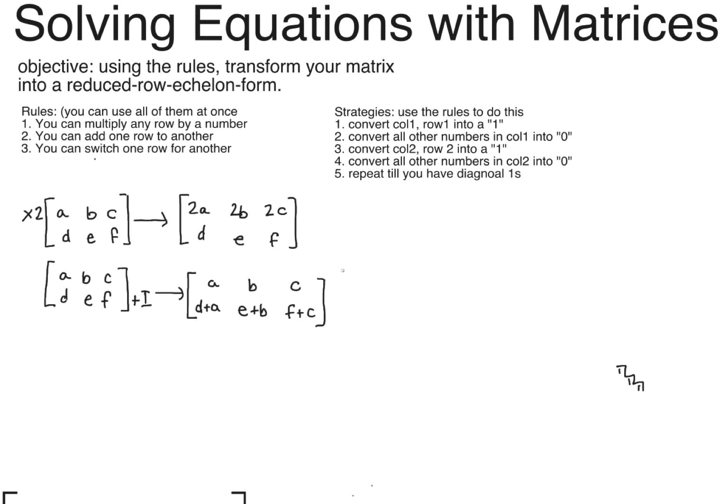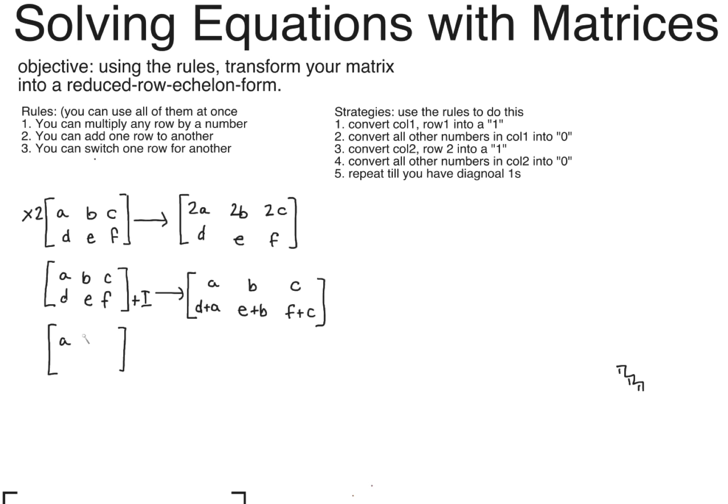Make sure and write down some of these things that I'm showing you because it's going to be very important later on. Now, the third thing that you can do, and as I said, you can mix and match these rules. So you can actually multiply and add a row, and that's actually what we're going to be doing most of the time.